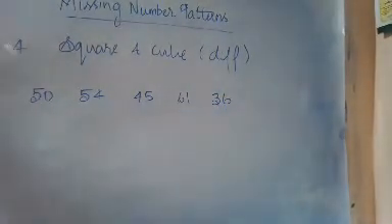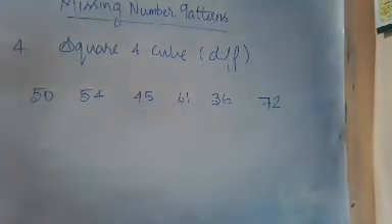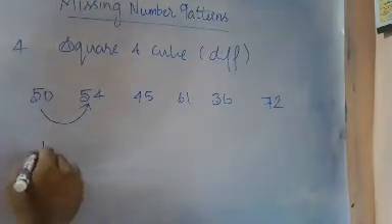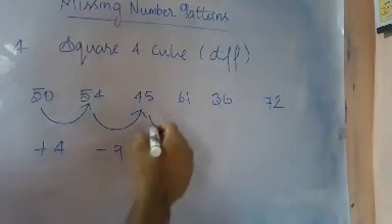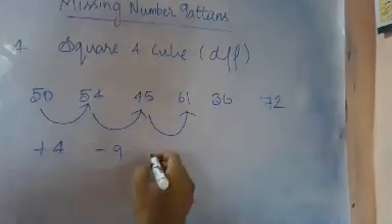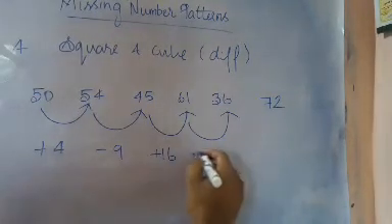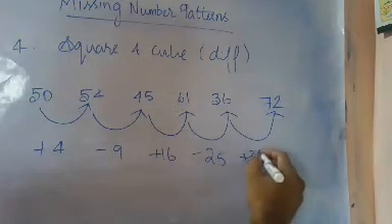So this is the sequence given. So let's see what is the difference between them. The difference here is plus 4, the difference here is minus 9, the difference here is plus 16, the difference here is minus 25, and the difference here is plus 36.